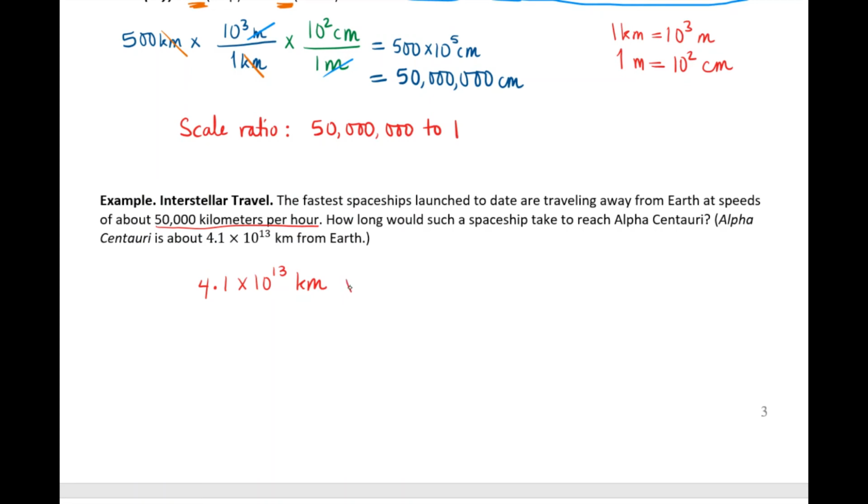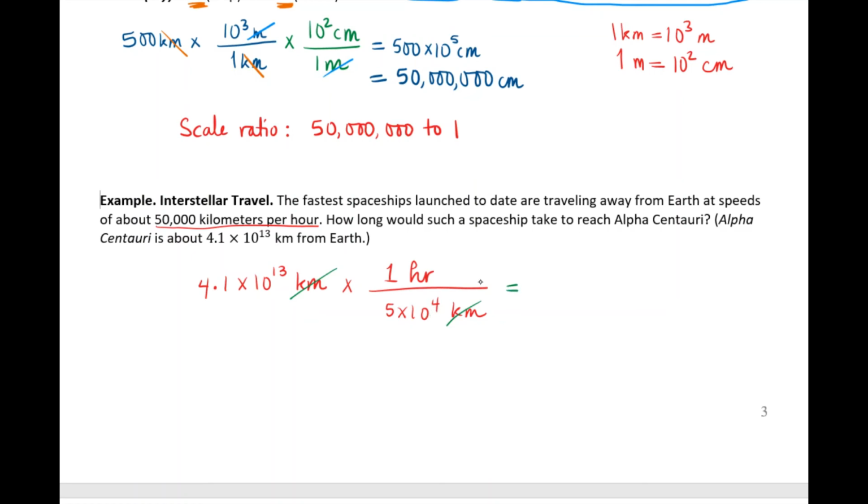So in 1 hour, your spaceship can go 5 times 10 to the 4 kilometers. See, this is that unit analysis. The kilometers will cancel, and you're going to get the number of hours that you will spend for this trip.